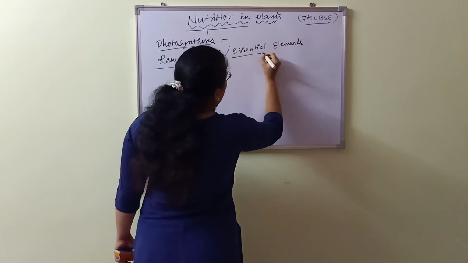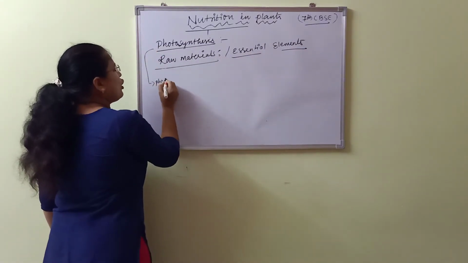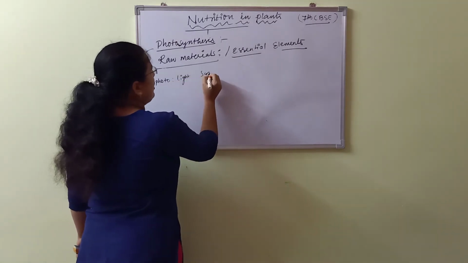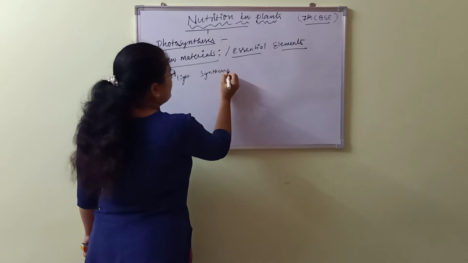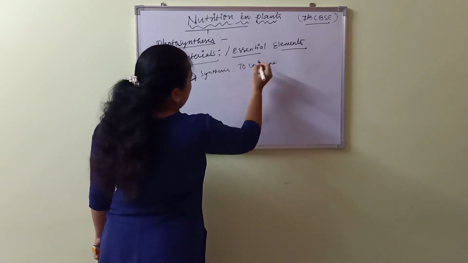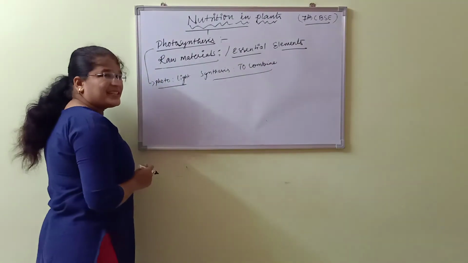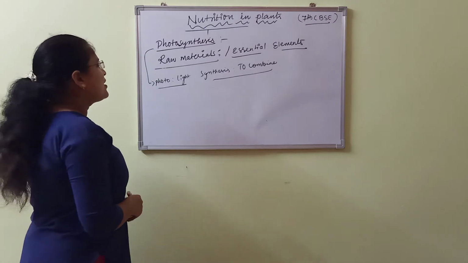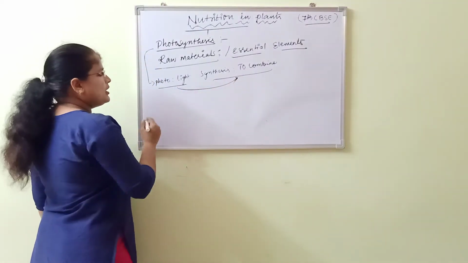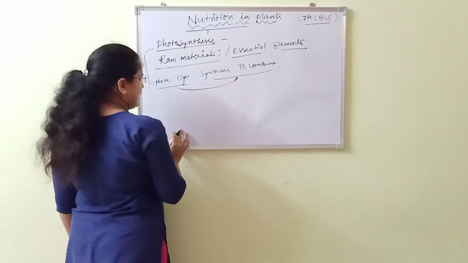I think you already know, photo means light, synthesis means to combine. Here, in presence of the light, the synthesizing, the combining is happening. Now let us understand photosynthesis very clearly.